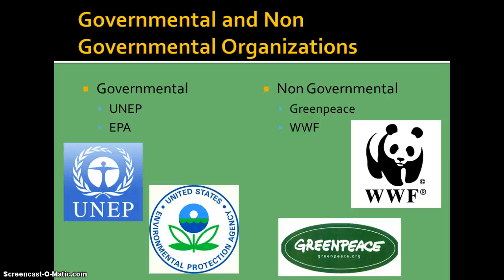They cannot pass legislation. They are lobbyists. They can influence legislation. But a benefit of non-governmental organizations is they can raise a lot of awareness. They can do things on a much quicker time scale. Legislation takes time. They also tend to do things that are not legal to raise awareness. So the World Wildlife Federation is an example, Greenpeace.